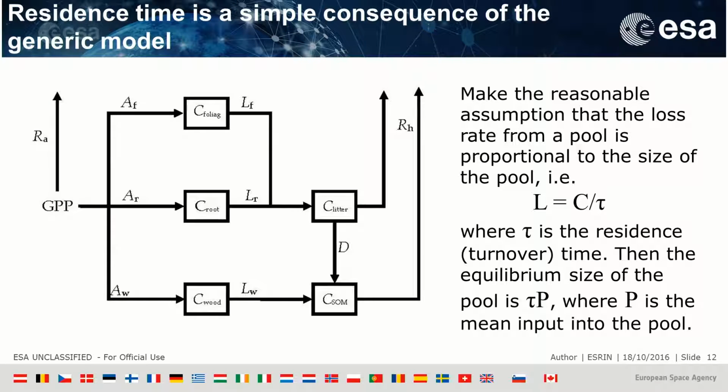If you make this reasonable assumption that the loss from any pool, this loss rate, is proportional to how much is in the pool, the size of the pool divided by the residence time, because that's what the residence time would be, then what you find is the size of the pool is just given by tau times p, where p is the mean input into the pool. Any of you could do that calculation with that model. It's a simple first-order differential equation. You could do it in 10 minutes. So that comes straight out of this model.